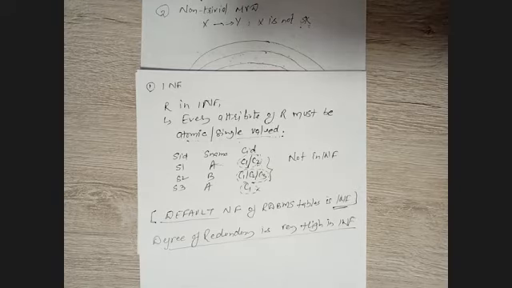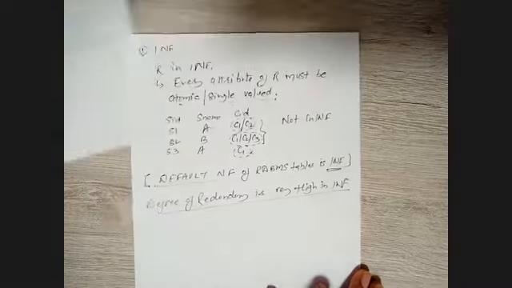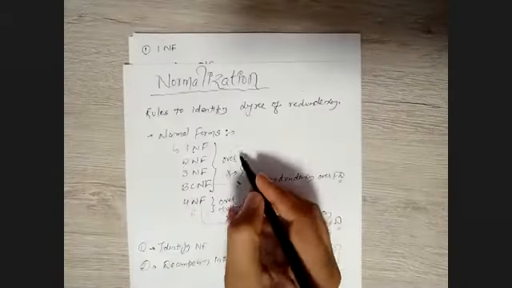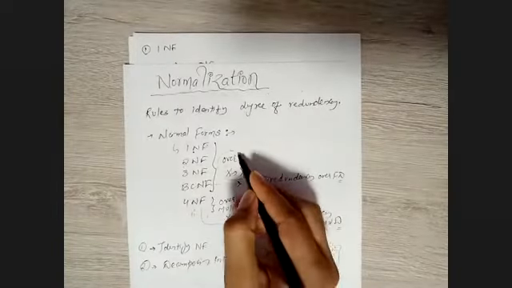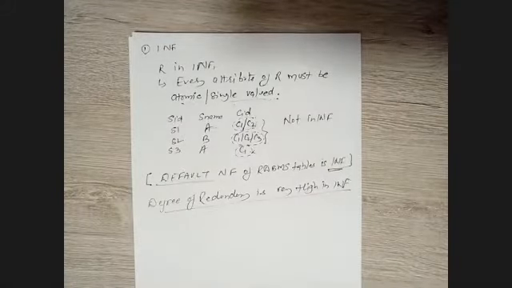Now we talk about functional dependencies. We have these normal forms over functional dependency, that is, X determines Y. Now let's understand how we determine whether a functional dependency is redundant or not.